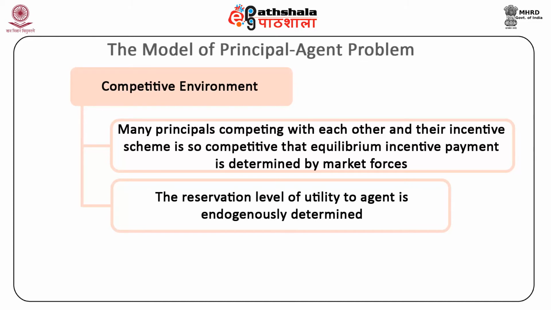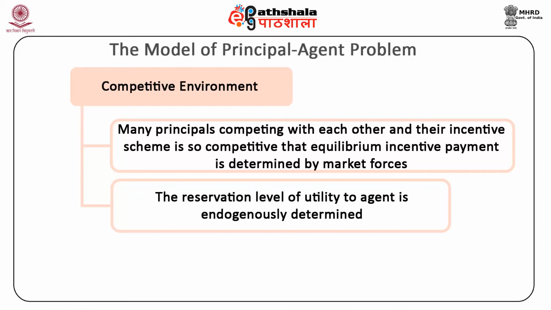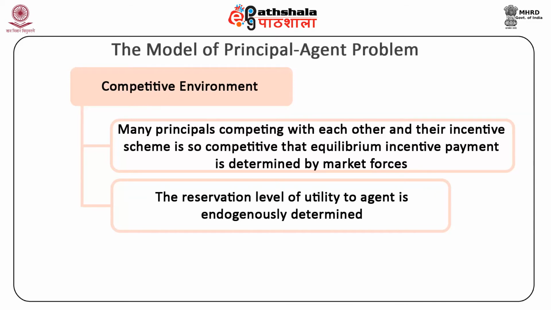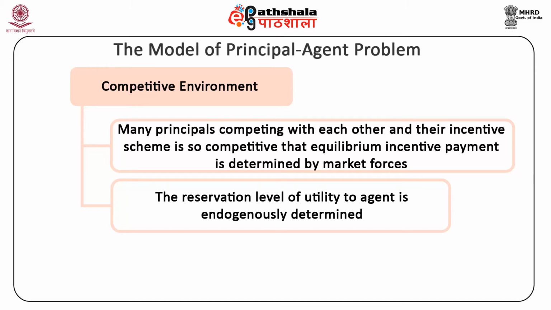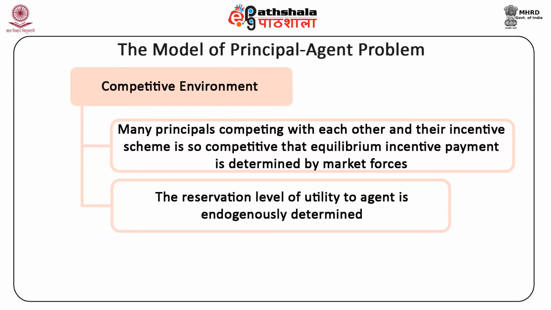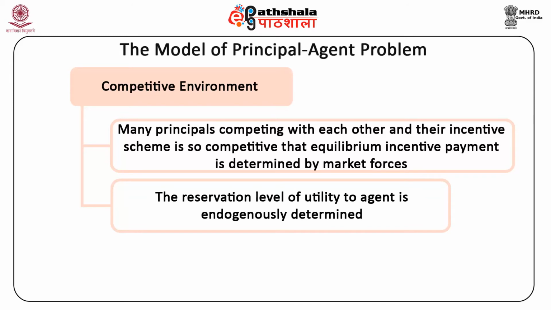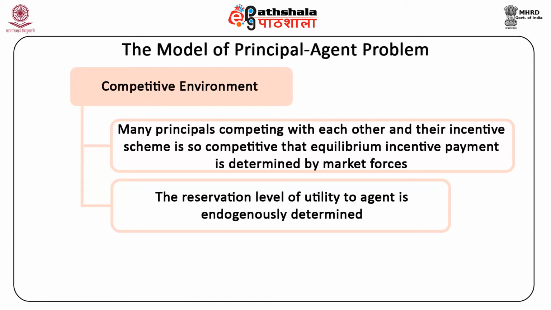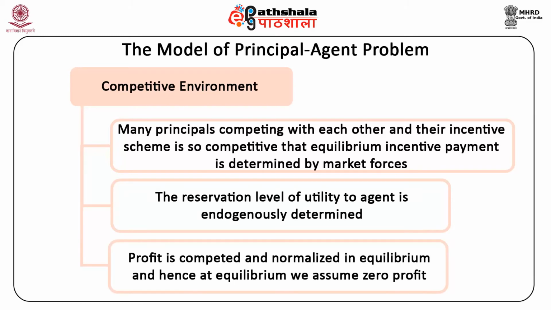Whereas in the competitive environment, the reservation level of utility to the agent is endogenously determined because it depends upon the contracts offered by the other principals. In the monopoly environment, profit maximization is the main objective of the principal, whereas in the competitive environment, profit is competed away and normalized in equilibrium, and hence at equilibrium we assume zero profit.